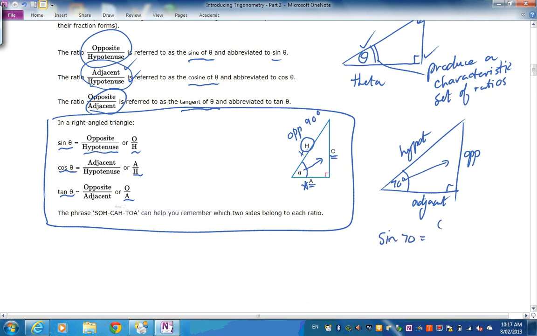Sine of 70 will be its characteristic opposite over hypotenuse, and we're going to find out in a minute. We go to technology here, because on the calculator is stored all the characteristic ratios for every angle and decimal parts of angles. Now, the next problem is, how are you going to remember which one's which?